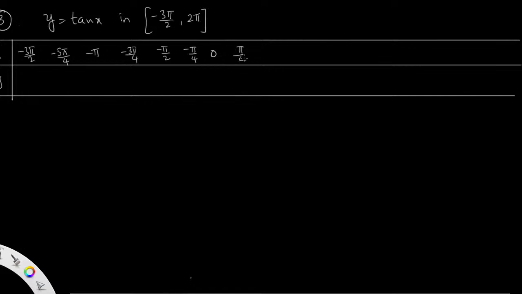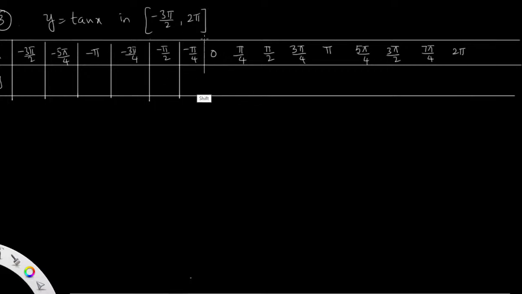Now the positive values: pi by 4, pi by 2, 3 pi by 4, pi, 5 pi by 4, 3 pi by 2, 7 pi by 4, and then 2 pi. How to draw the graphs means I am doing it this way, plotting the graphs with this model.